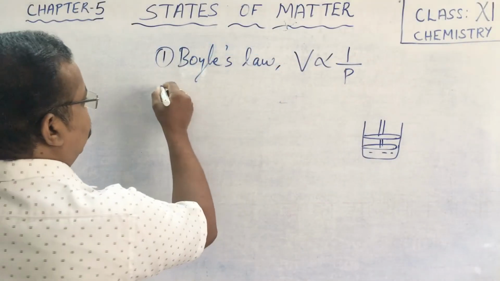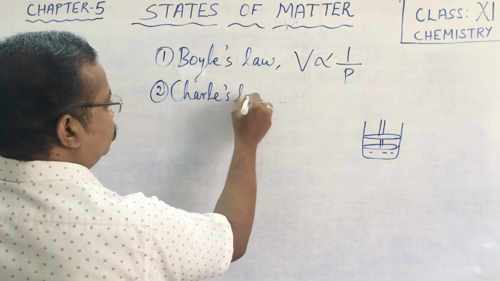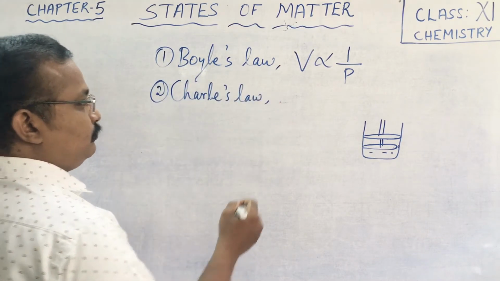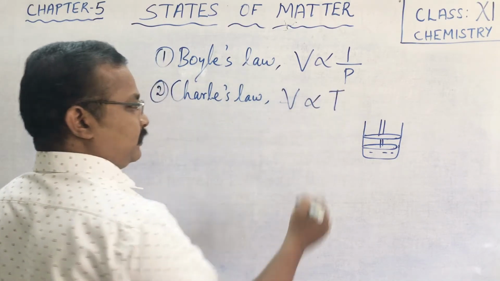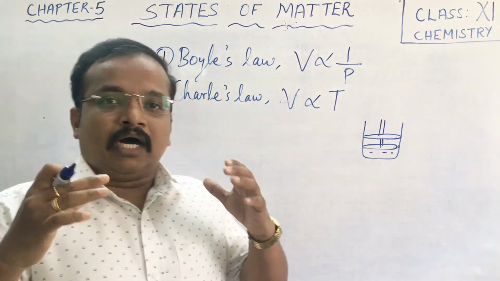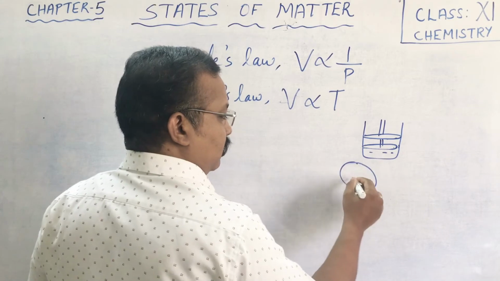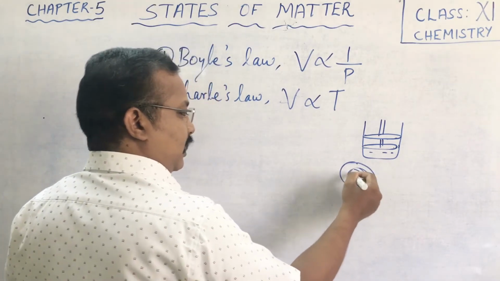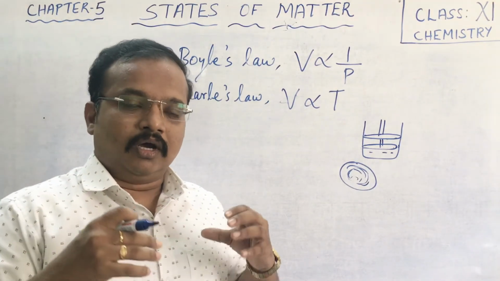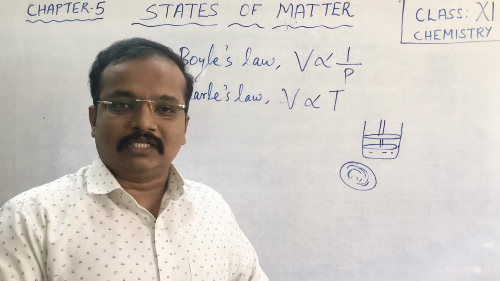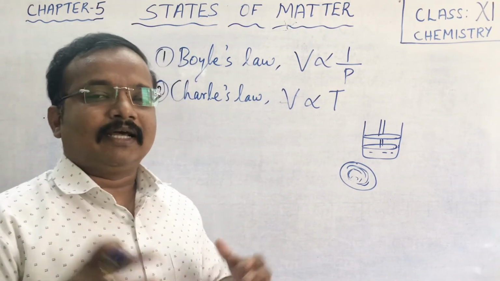And second, we have also studied that according to Charles' law, volume is directly proportional to temperature. Whenever temperature increases, suppose you have taken a ball or balloon filled with air, and it is allowed to stay outside in the sunshine for a longer time, then what happens?